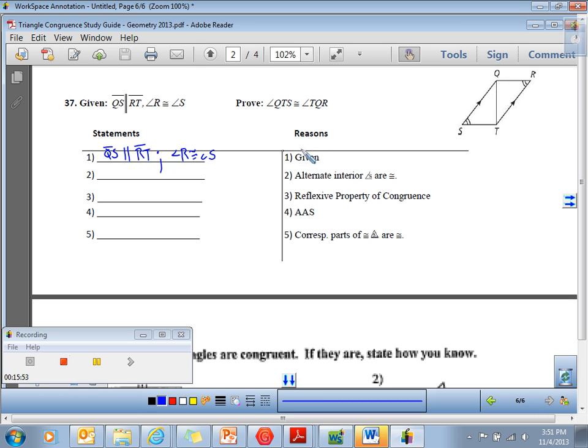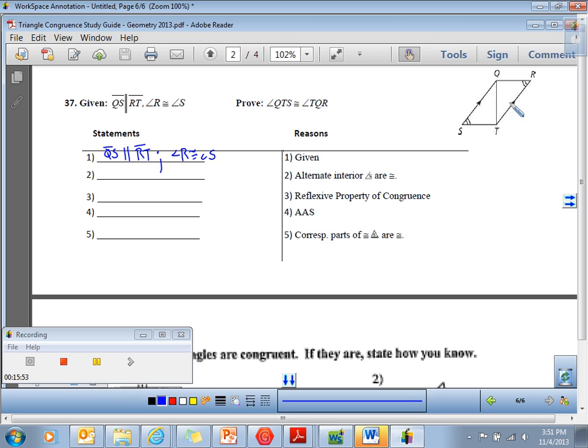Okay, and we're trying to prove that angle QTS is congruent to angle TQR. Do you agree that those are the corresponding angles within those two triangles? They kind of match up, right? So if I can prove these two triangles are congruent, is that going to prove their corresponding parts are congruent? It will. Okay.